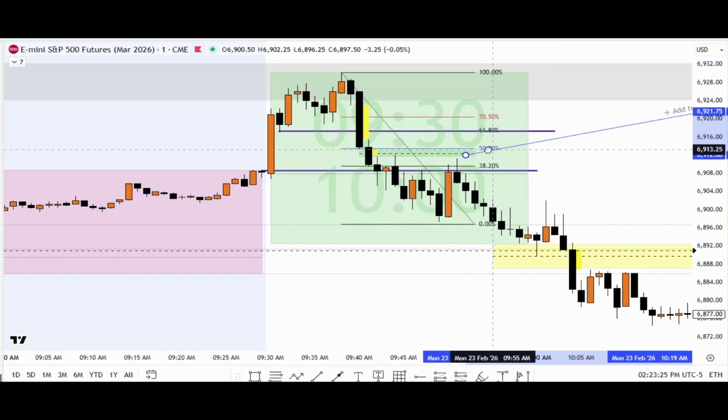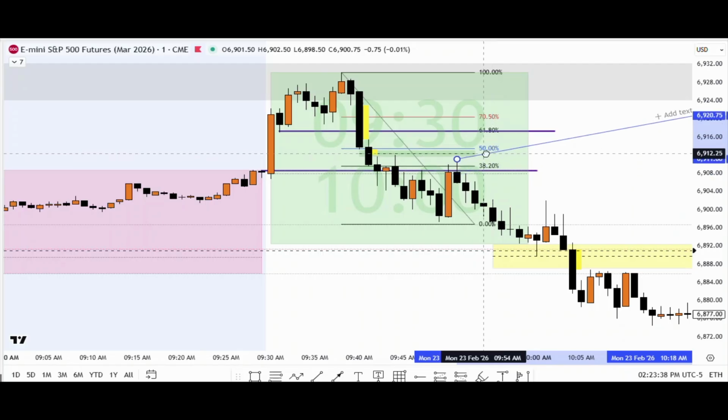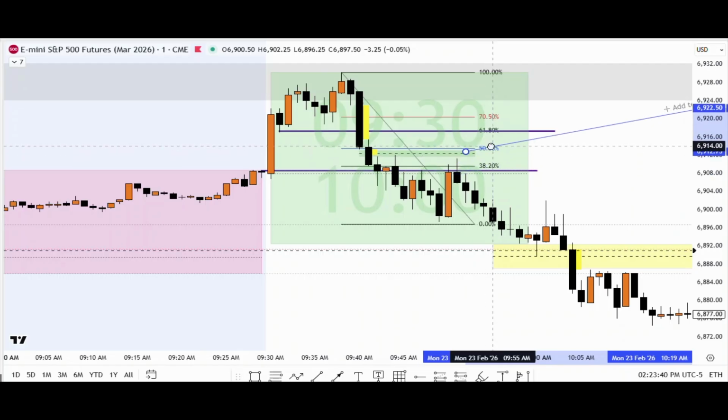But we also have this one that overlaps with the 50. It just touches it. I mean, it's close, not quite, but we just about get there, which is good enough, right? We're not trying to be perfect. We get this move, which goes into this fair value gap, which overlaps with the 50.